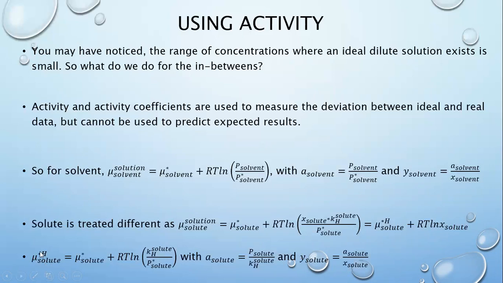And this P star H, we encapsulate, and that's a constant. So we're able to pull that into a larger constant, where the activity of the solute is the pressure of the solute over K of the solute, and the activity coefficient is the activity of the solute over the mole fraction.